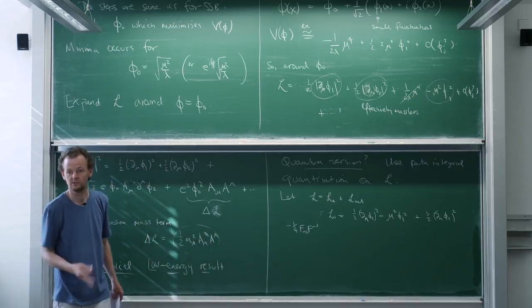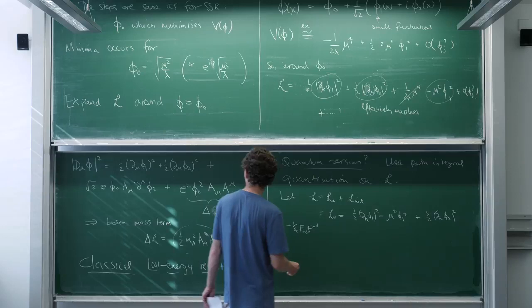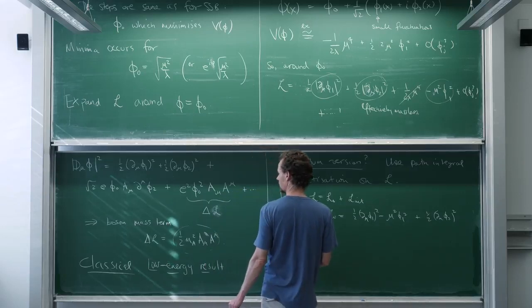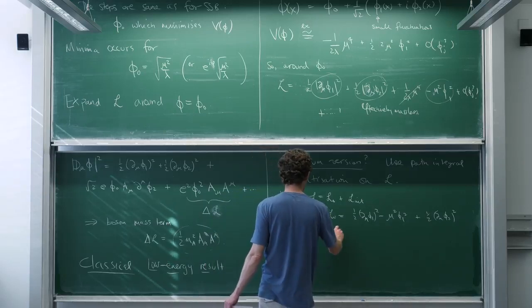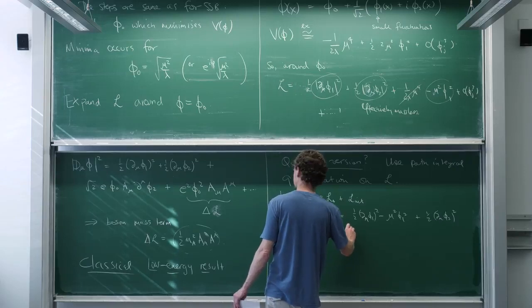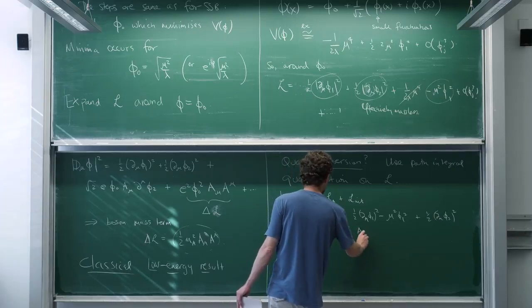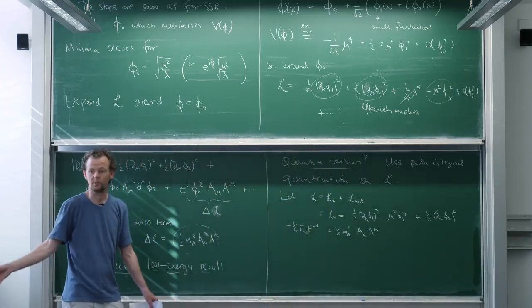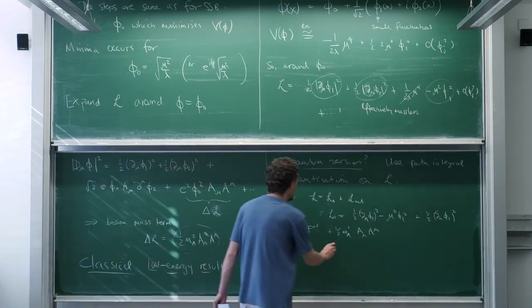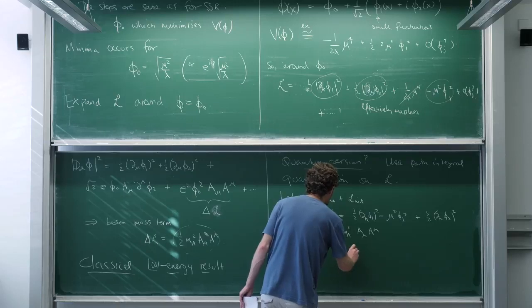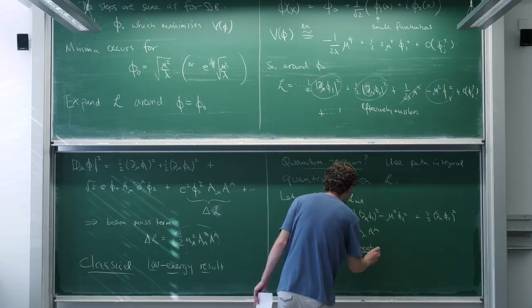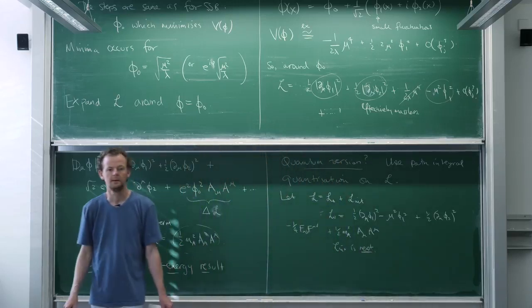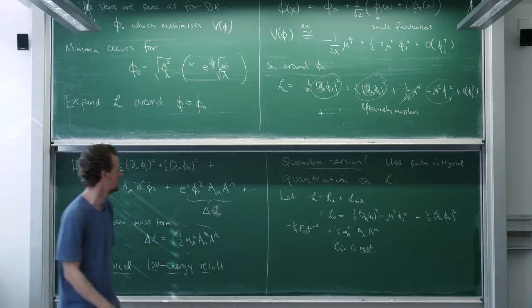We're going to think of that as a 0th order term. So that's L naught, and L int is the rest. And we regard that as a perturbation.